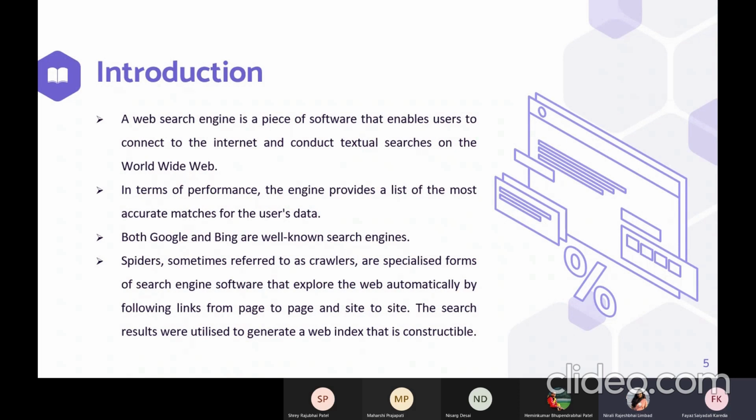Spiders, sometimes referred to as crawlers, are specialized forms of search engine software that explore the web automatically by following links from page to page and site to site. The search results were utilized to generate a web index that is constructible.